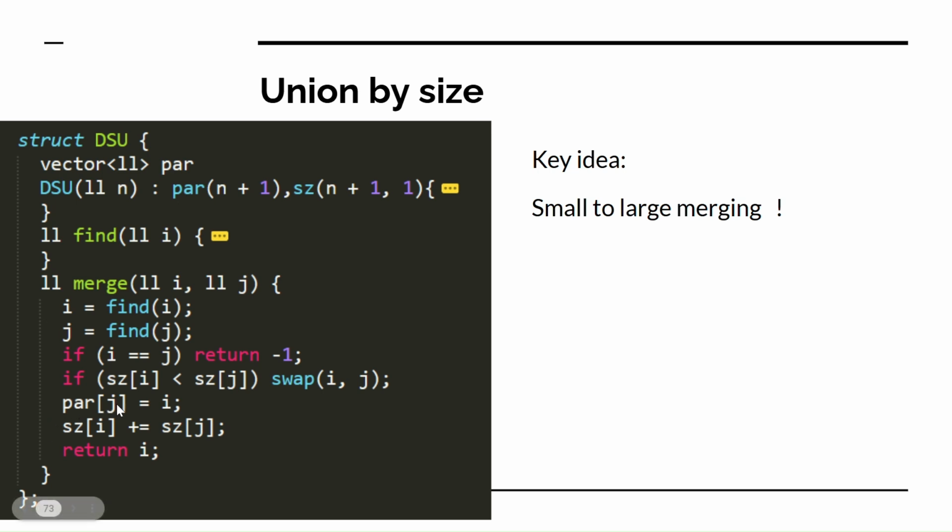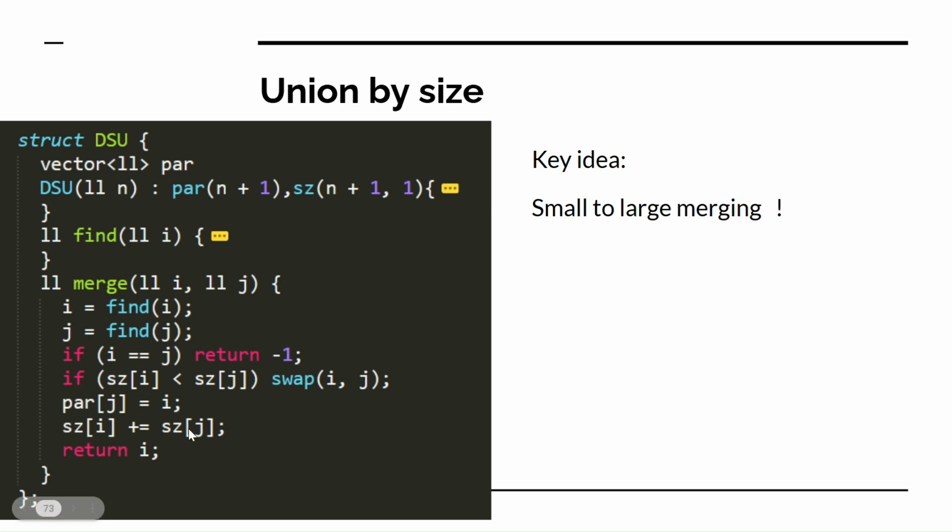So j's parent is going to be I, and now we need to update the size. Finally the root node is going to be I, as I is now the new root. Its size needs to be updated as j's tree is merging with I. So I's size needs to be added with the size of j.